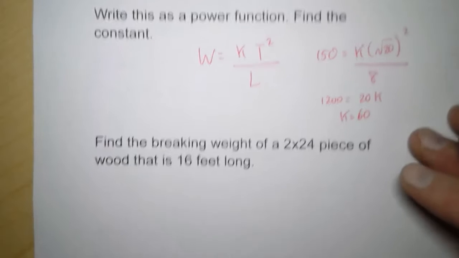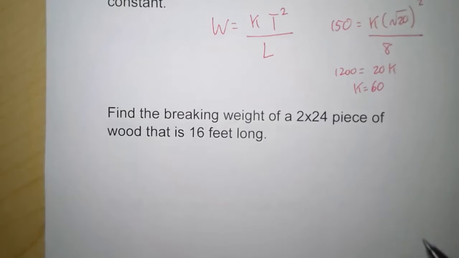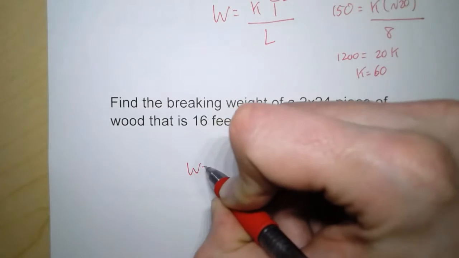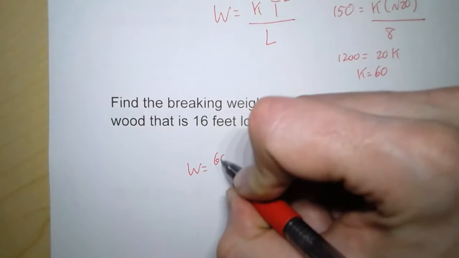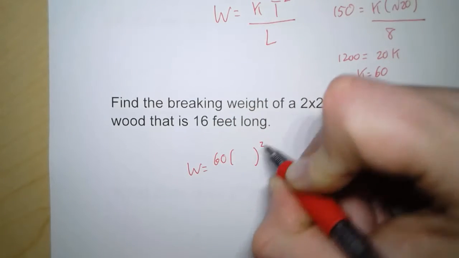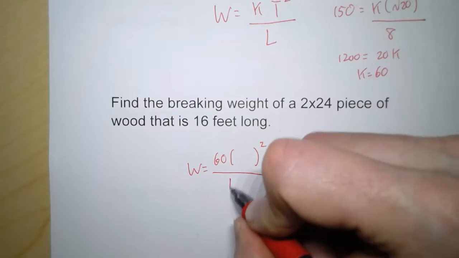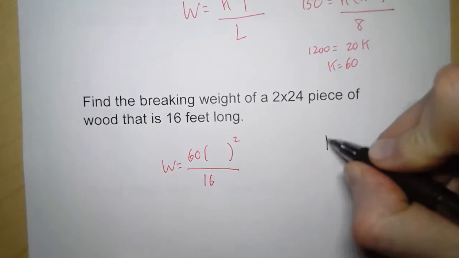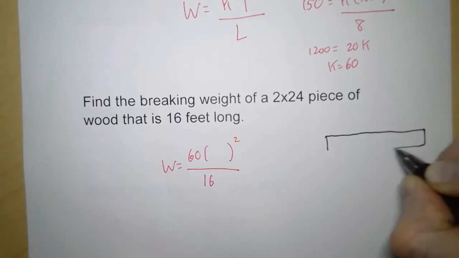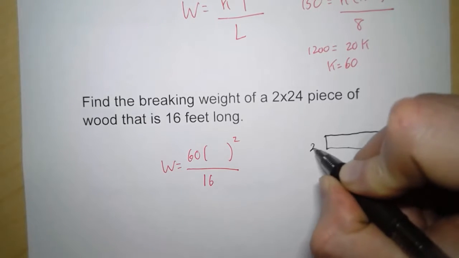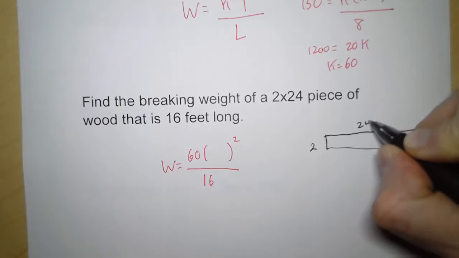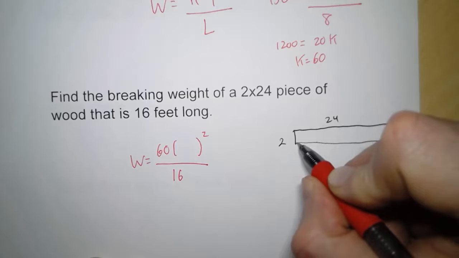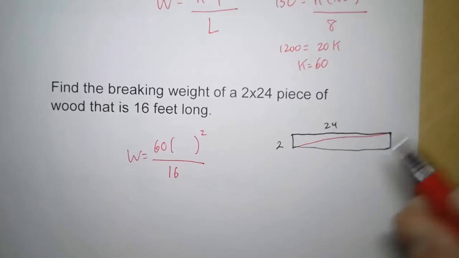So now we want to find the breaking weight of a 2 by 24 piece of wood that is 16 feet long. So our constant is 60, our thickness, which we'll find in a second, and then our length is 16. So now we're talking about a piece of wood that is 2 inches one way and 24 inches the other way. So we need to find the thickness of the diagonal.